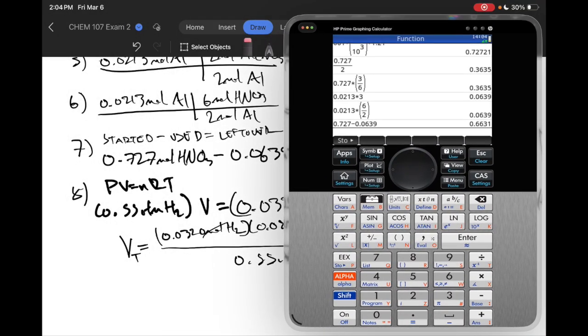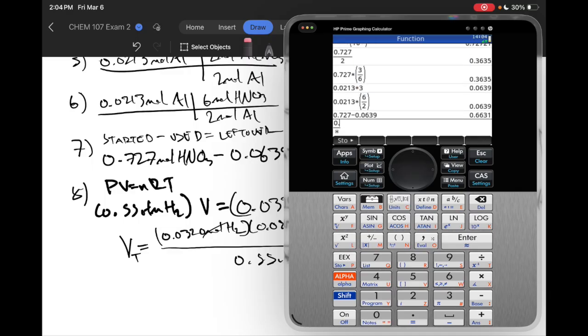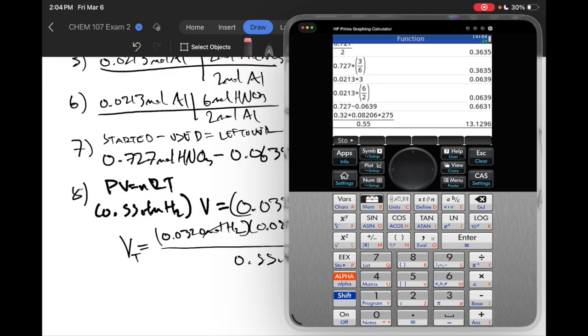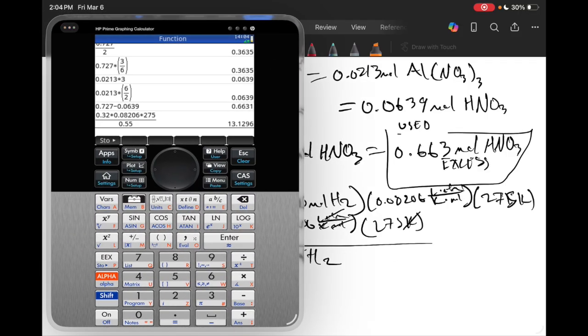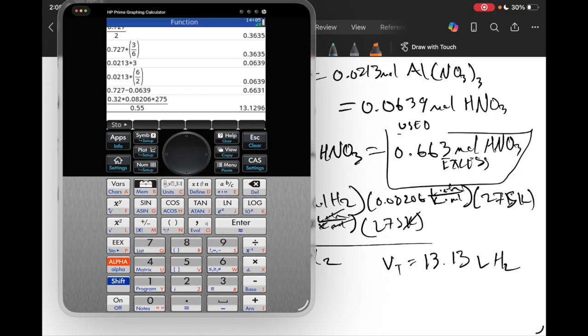So let's do 0.0320 times 0.08206 times 275, all of that over 0.55. So that means that our theoretical volume is equal to 13. I'm going to break the rules right here. I'm just going to go 13.13 liters of H2.